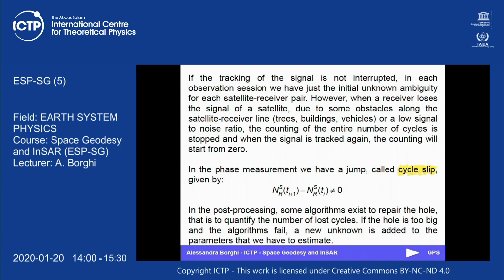Other times this gap is too big, so we cannot repair this gap of data with some specific algorithm. So we have to introduce another ambiguity. We start again to count the integer number of cycles. So we have to introduce another ambiguity, and so we have to increase the number of unknown parameters.